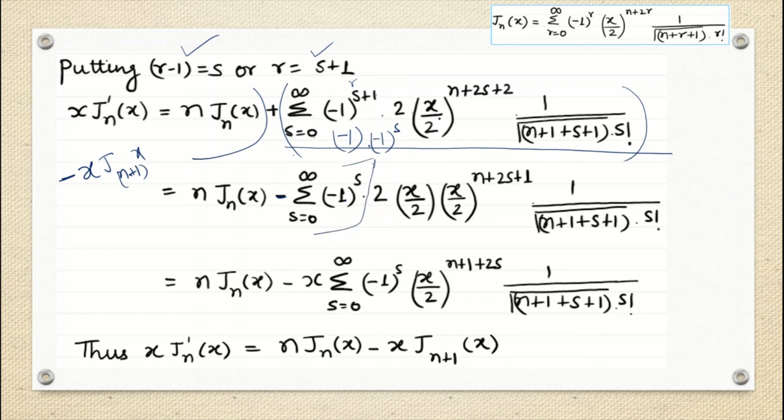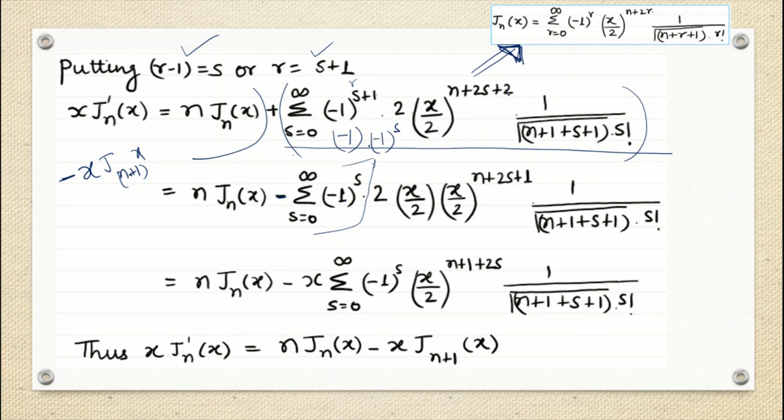Now we see this term, and what arrangement I should make. This 2 I'm just keeping as it is. You can see that x by 2 to the power n plus 2s plus 2 is there. And what does my Bessel function say? The Bessel function J n x says that the power of x by 2 should be n plus 2r. And here what I have is n plus 2s plus 2, correct?